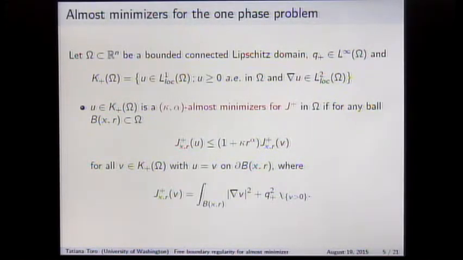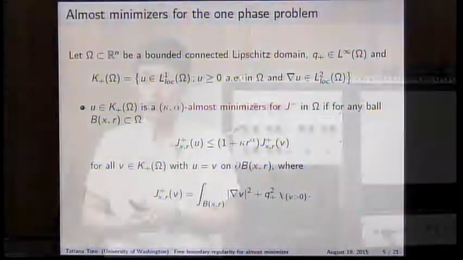So if you were a minimizer, this term will not be here. But you're not. So you're allowing a little error. Actually, now we have lots of other errors we can allow, but let me talk about this one. When Almgren was looking, and we've heard about Almgren and his monotonicity formula, but Almgren was a big contributor to geometric measure theory.